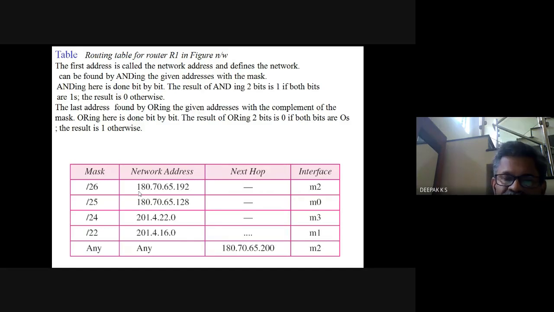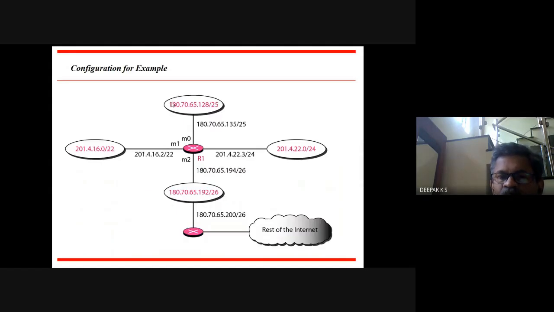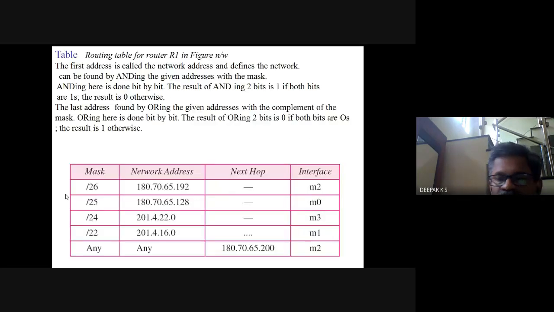So whatever the address, you AND with 25 ones on the left side and zeros elsewhere to get the network address. You AND with 24 ones on the left side to get the network address, with 26 ones, and here with 22 ones on the left side. Bitwise AND, you would get it. So there is no problem regarding this.